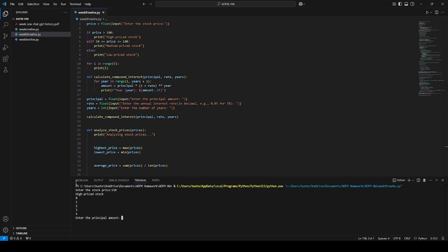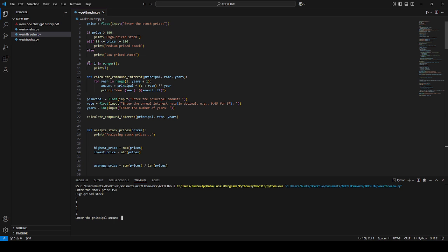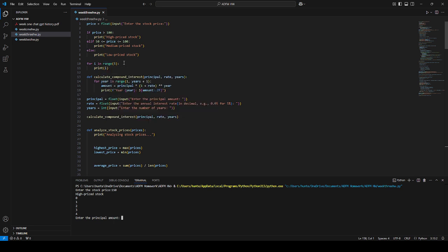And this right here is the loop. The for is the start of the loop. It creates a loop that will generate numbers 0 through 4, and the range is 5. So 0 is 1, 1 is 2, 2 is 3, 3 is 4, 4 is 5.